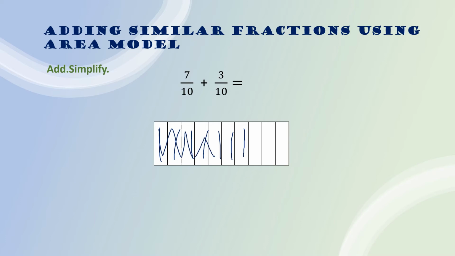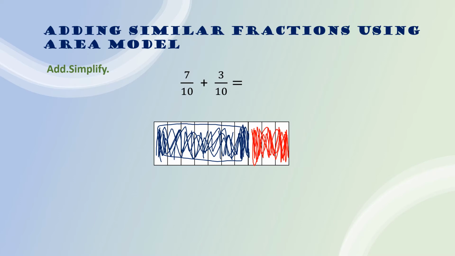So this one is 7/10 up to here. Then we will add 3/10. Let's shade 3 out of 10. 1, 2, and 3. So this part is the 3/10.